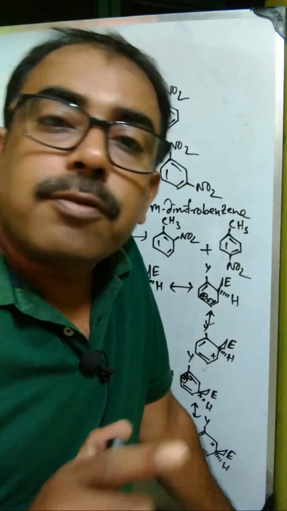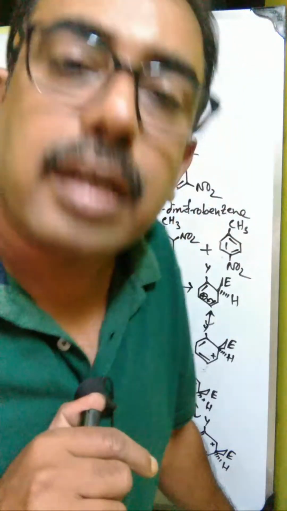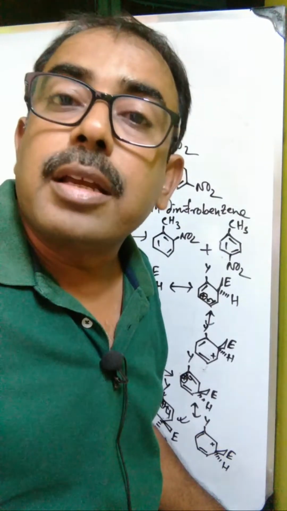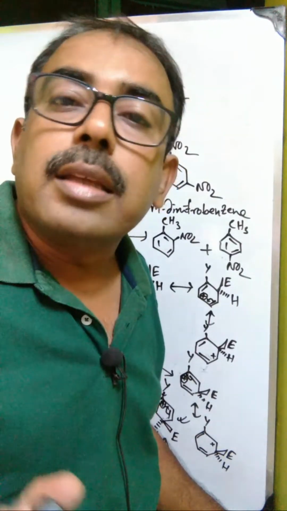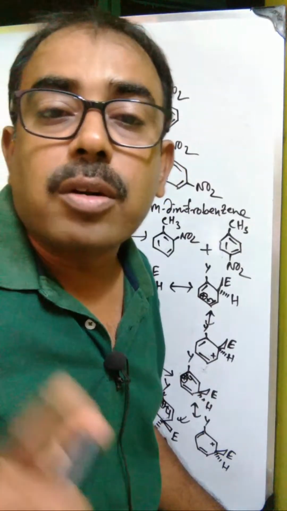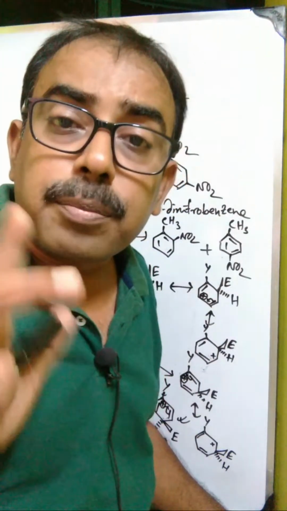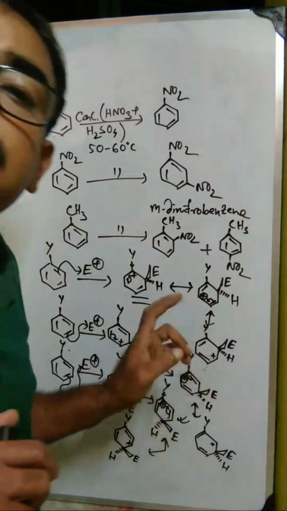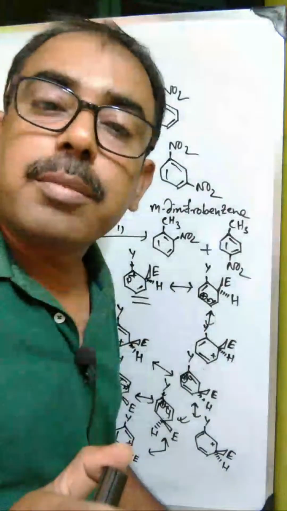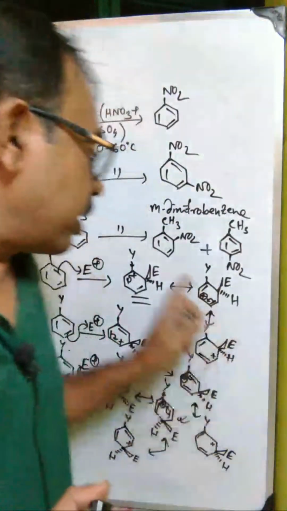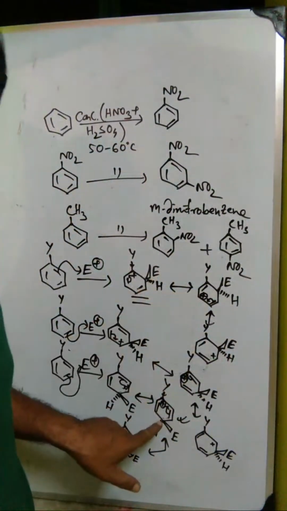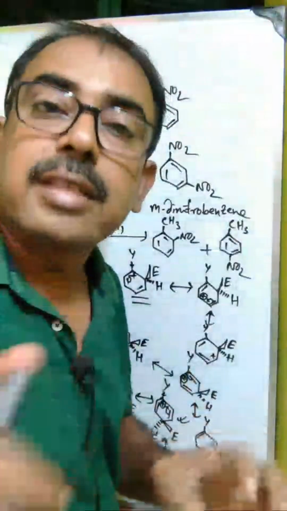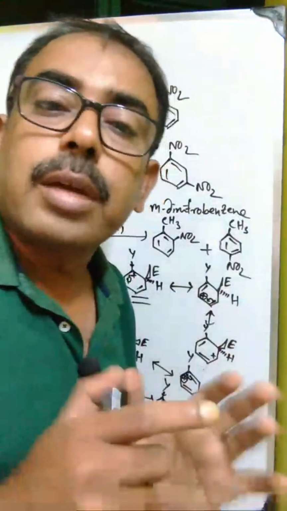That's why if Y has minus I inductive effect, then it will be meta orienting, because in ortho-para orientation we are having those two resonating structures where the carbon which is carrying the substituent is having a positive charge.